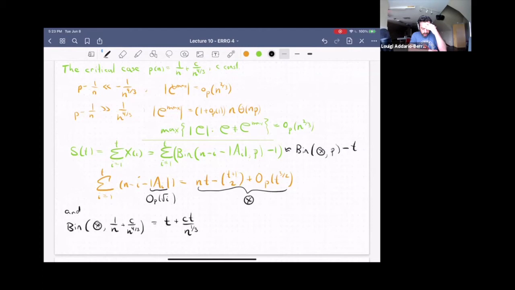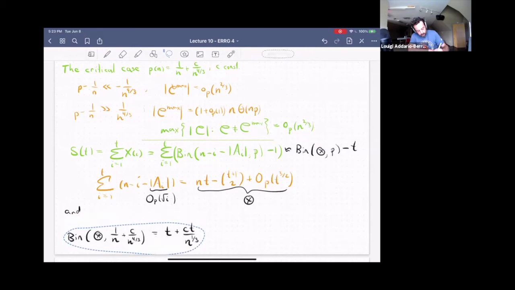So now, before I do this computation, sorry, I'd like to focus in on the range of t that I'm interested in. It'll make the formulas a little bit simpler. So I'm going to take t to be of the form x times n to the 2/3.